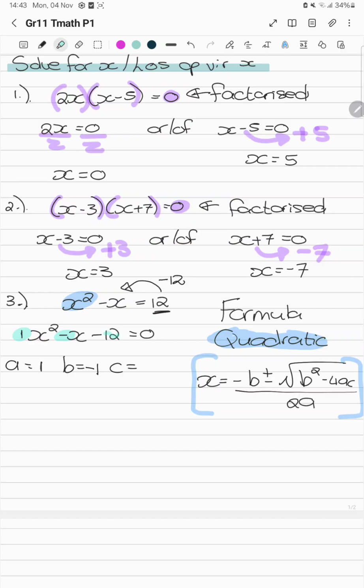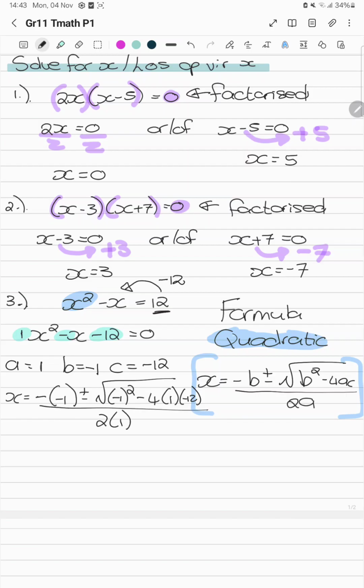And my c value is just your number, which is negative 12. Now I substitute into my formula: minus, in b's place, negative 1 in a bracket, plus or minus the square root of negative 1 squared minus 4 times a, which is 1, and c, which is negative 12, over 2 bracket 1.